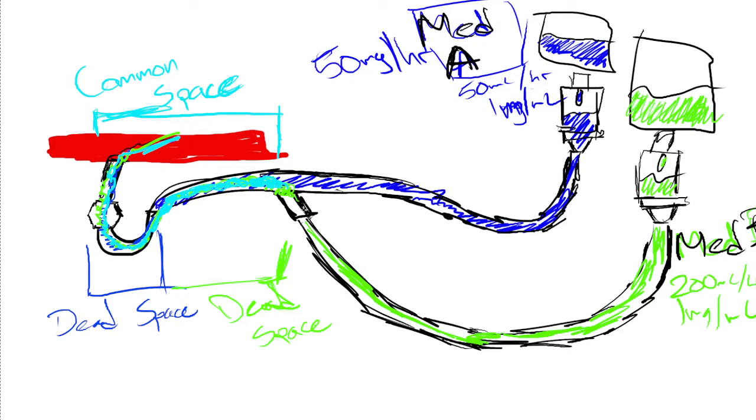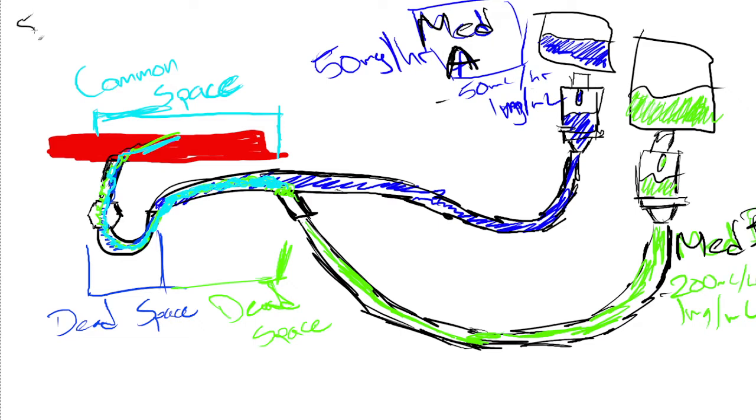For the rate, it doesn't matter if we have our one Y site here, or a manifold with a whole bunch of Y sites coming off of it. We add all of these up. The sum of all of those going to our common space is going to give our common space rate. In this case, Med A is running at 50 mLs per hour and Med B is at 200 mLs per hour.